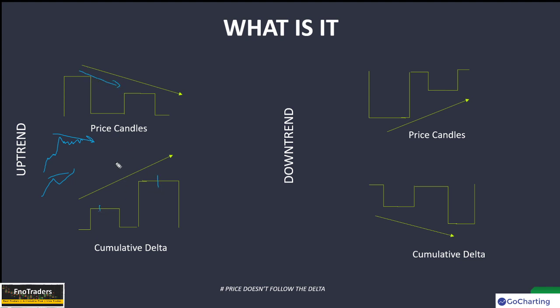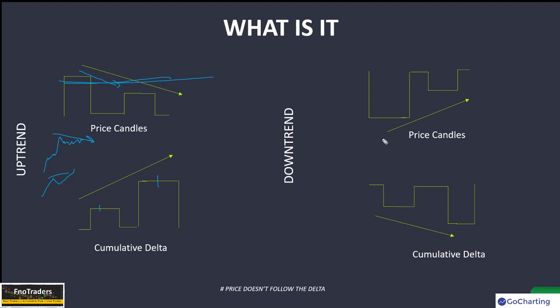So that is where you see a bit of a delta divergence. The reason being is more buying has come in, but it has not led to an increase in price. So that is where an uptrend is getting absorbed at these levels, and that is your sign of absorption on an uptrend.